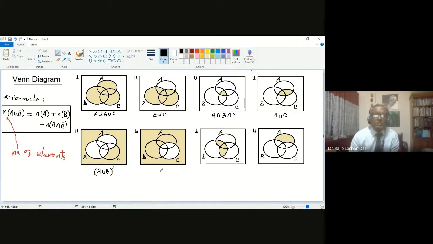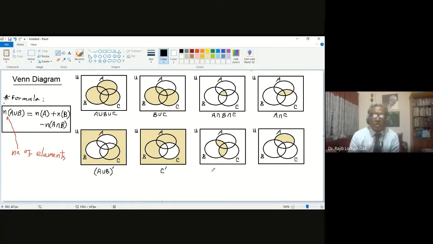And the next one is what? Very simple, just write C prime, that's it. Because C is the white circle and all other parts are included. So everything is included. So not C will be good enough.